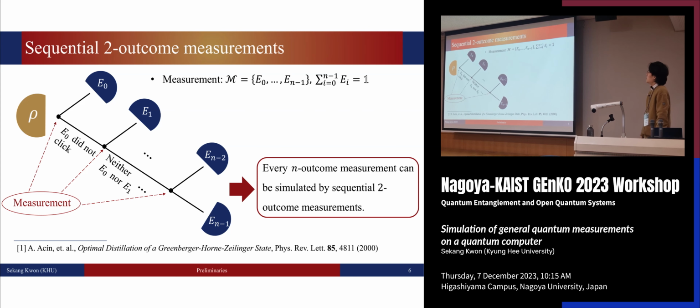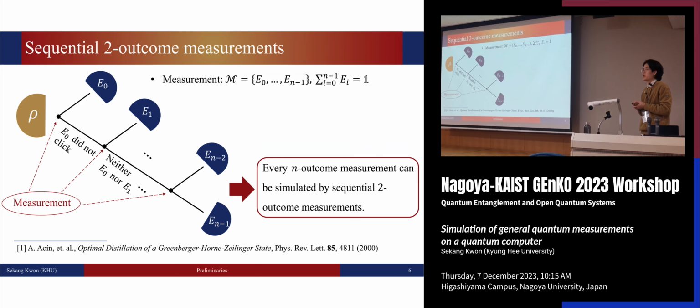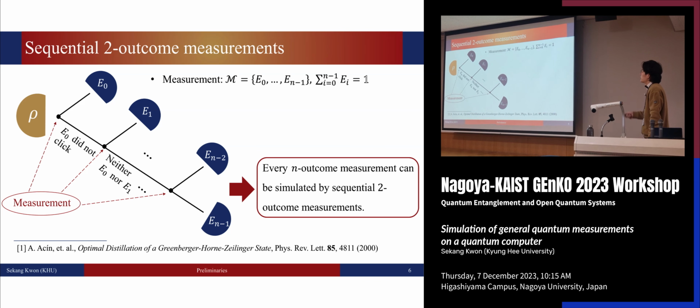Here, I'm going to explain that every quantum measurement can be simulated by sequential two-outcome measurements, and this diagram describes this. So let's see. At every node, we perform a two-outcome measurement. At first, we measure whether E0 clicks or not.